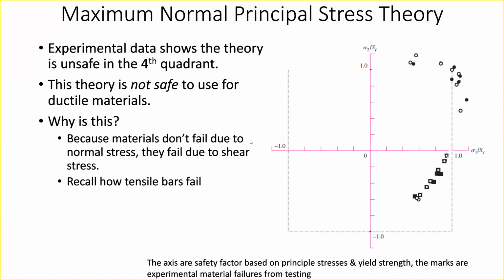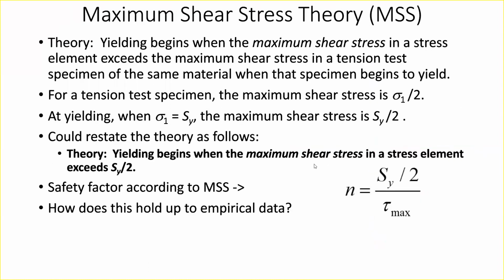The failure theory is essentially predicting where in this region the part is failing. And this theory turns out to be bad because it's not good for ductile materials. This is because parts are generally much stronger in normal stress than shear stress. If you only rely on the normal load, even though that's somewhat related to the shear stress, it doesn't consider shear as a separate quantity, and just lumps it into this principal stress. So, not a great theory.